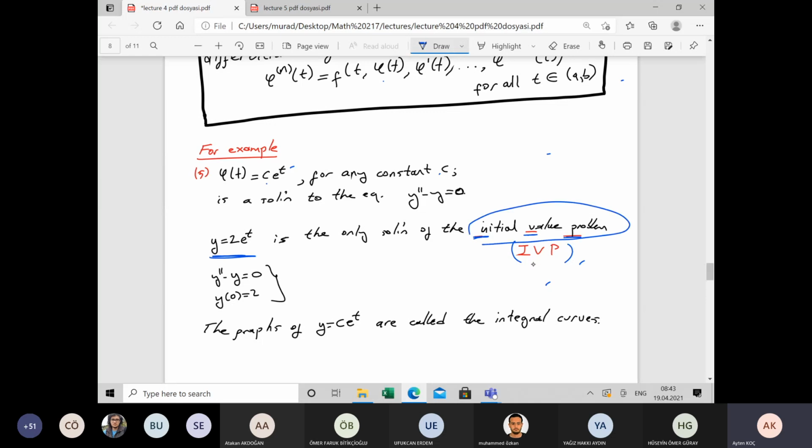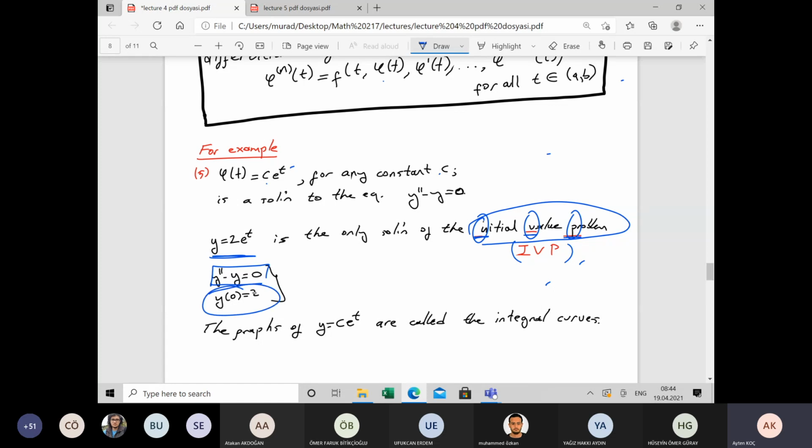Initial value problem is denoted by IVP, with capital letters. An initial value problem contains one equation and also one initial condition. This one is a differential equation, and this one is called the initial condition.